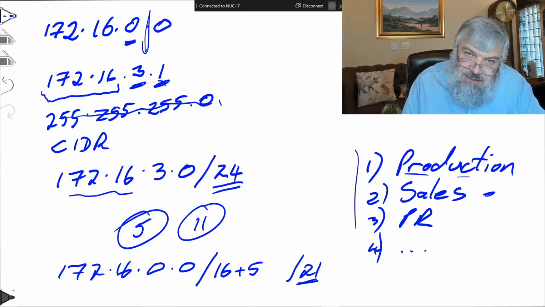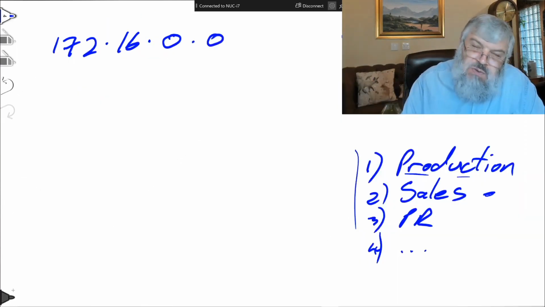But this brings us to a challenge. What is the address of the second department, department number 2, department number 3, and so on? Let's explore that in a bit more detail. So suppose I'm indeed going to use this 5-11 split.